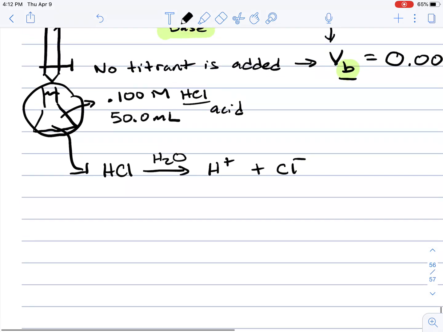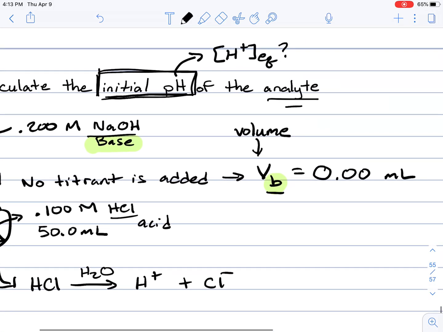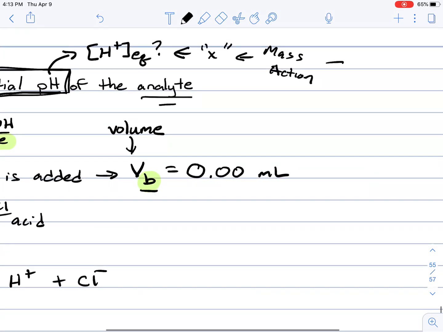And so to calculate the pH of the solution, what we need to figure out is the equilibrium concentration of the hydrogen ion. And if you guys recall from the topics that we covered earlier in this chapter, to calculate the equilibrium concentration of hydrogen ion, we need our value for X, which comes from your mass action expression, which is coming from your ICE table and the balanced chemical equation.